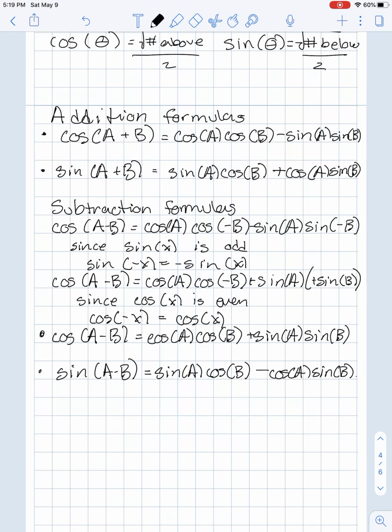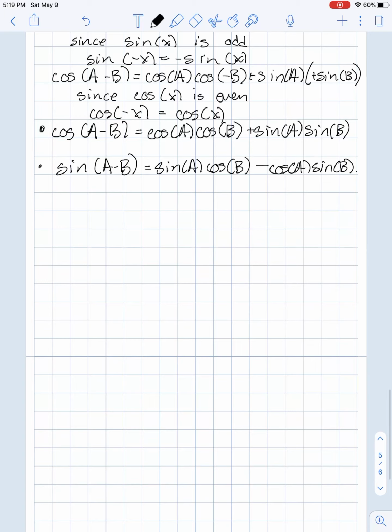Now, what if A and B in our addition formulas are the same? So I have cosine of A plus A. We call those double angle formulas.